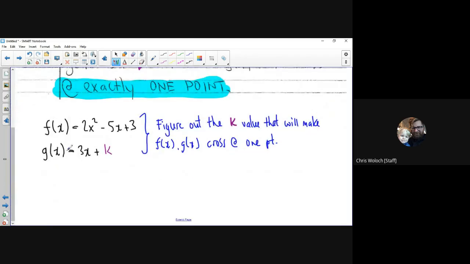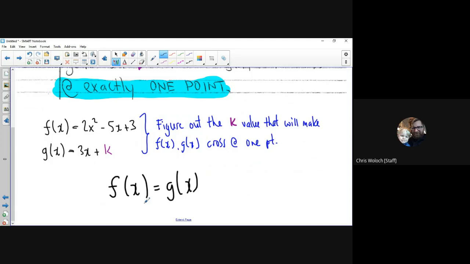Now again, what would we do to solve this? Like, say we knew what k was, what would you do? Well, okay, we would do this, right? F of x equals g of x. So let's just do that. And now I know I'm kind of playing a game here. I know what's going to happen.